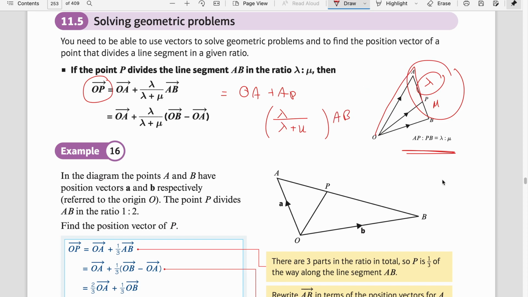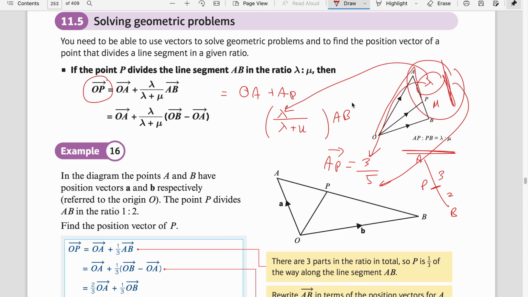Let me write numbers that would be easy to understand. If this is 3:2, this is A, P, B. So I can write AP is 3 out of 5. So this was actually 3 and complete was 5. So the unknown form is 3 divided by complete length, lambda plus mu, 5.